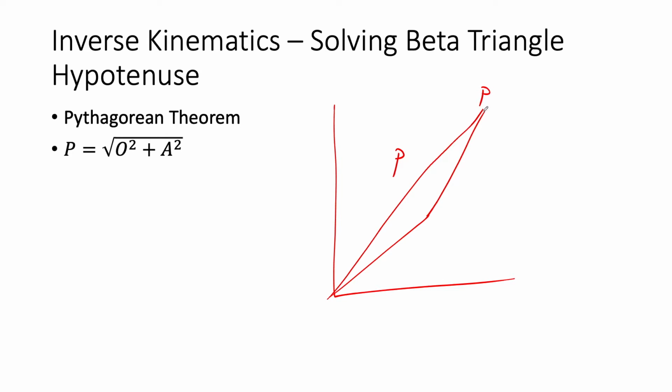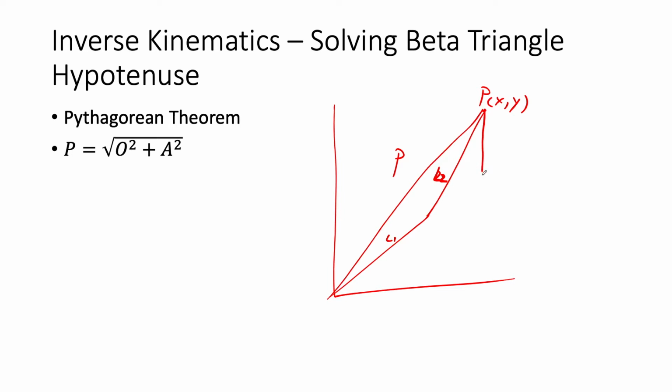So if we have a point x, y, we have our links, L1 and L2. Part of what we want to know is what is this length between the origin and our final endpoint.